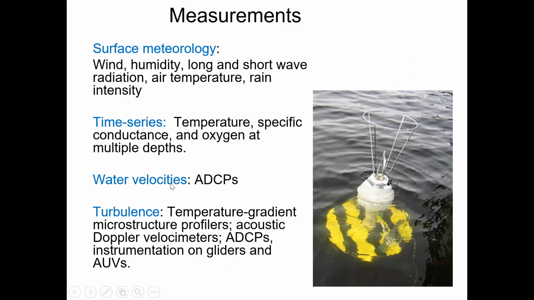We measure water velocities using acoustic Doppler current profilers and sometimes acoustic Doppler velocimeters, and we measure turbulence using temperature gradient microstructure profilers or shear profilers, acoustic Doppler velocimeters, again the ADCPs, and instrumentation on gliders and autonomous underwater vehicles.